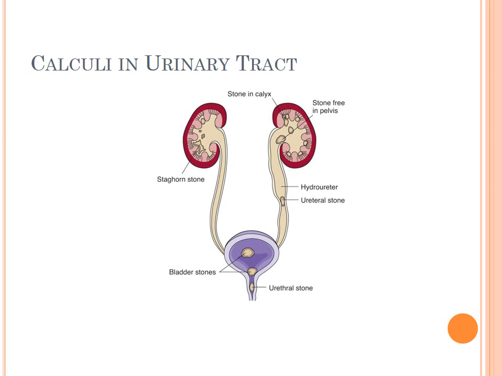You could have them anywhere from the pelvis into the ureter, bladder stone, urethral stone. And you see on the right-hand side a ureteral stone that's blocking urine flowing to the bladder, and therefore urine backs up, and you see the enlargement of the pelvis in the kidney.